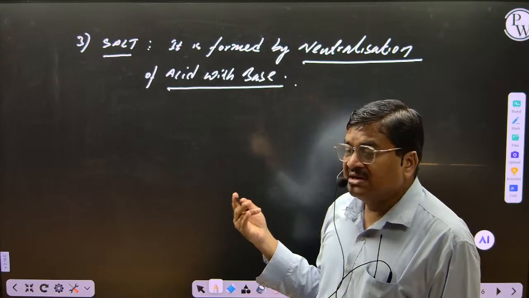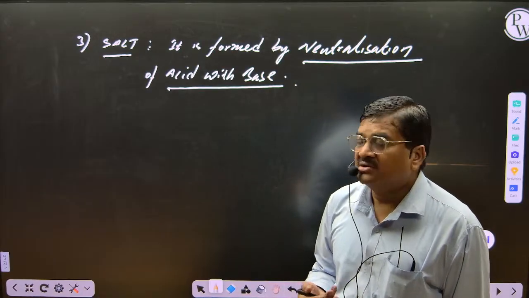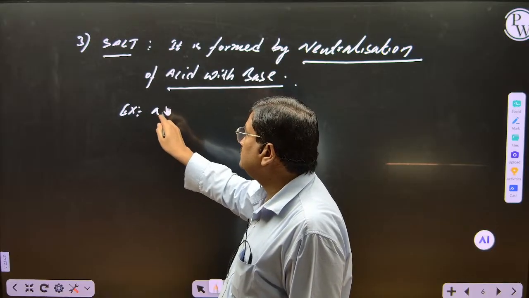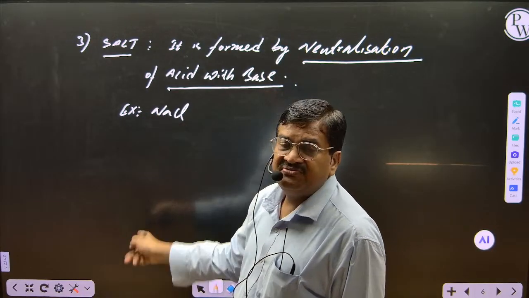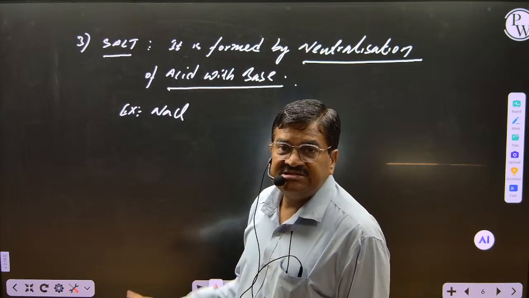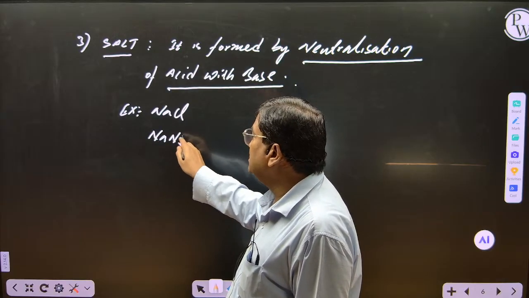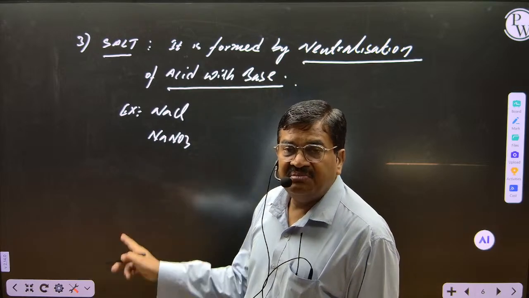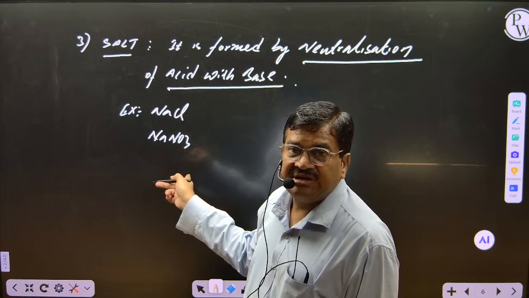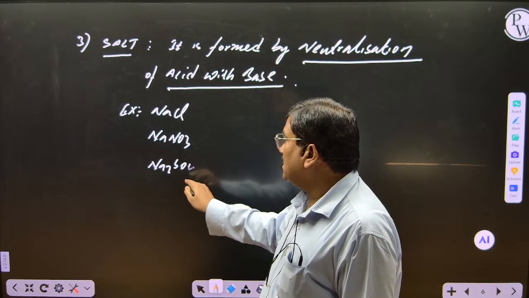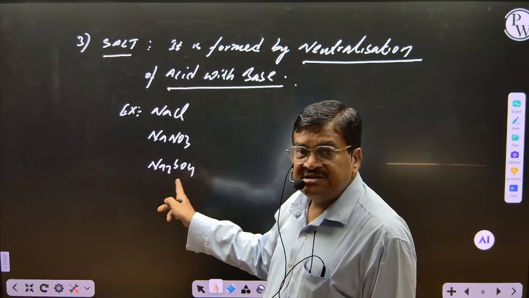And you have to recognize the various salts we have. See, I am writing examples. NaCl is formed between what? NaOH and HCl, no? And I take NaNO3, sodium nitrate. It is formed between NaOH and HNO3. And Na2SO4, correct, this is a salt formed between NaOH and sulfuric acid.